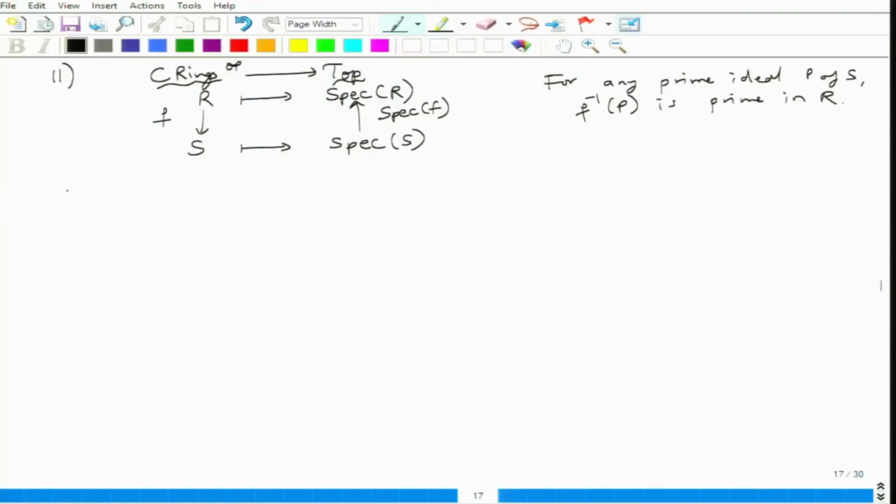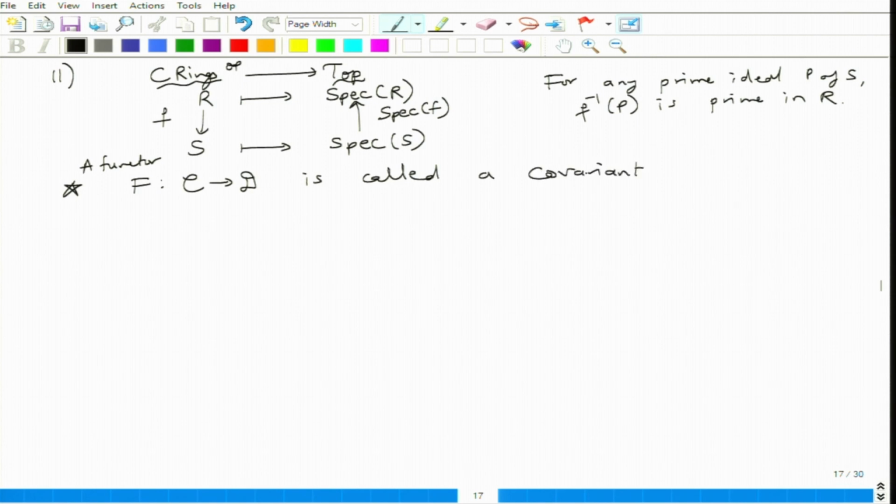Now here comes a definition. A functor F from C to D is called a covariant functor.